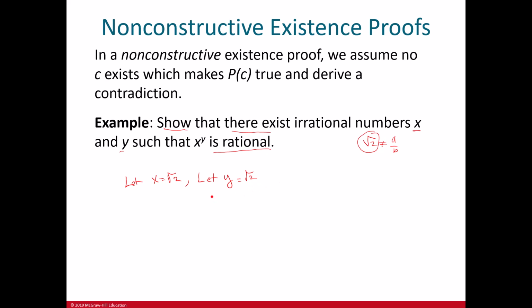Now let's put x to the power of y, which is equal to the square root of 2 to the square root of 2. Now, what do we think of this number? There are two possibilities. This is again with the nature of the real numbers. Let's call this number, for simplicity, big R. This R is either rational or irrational.